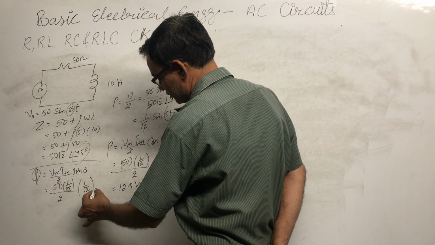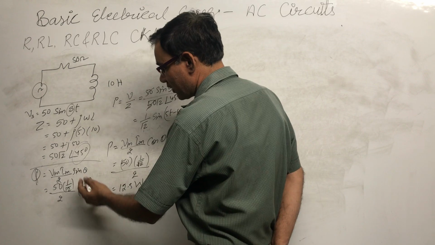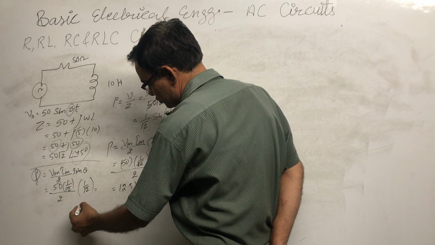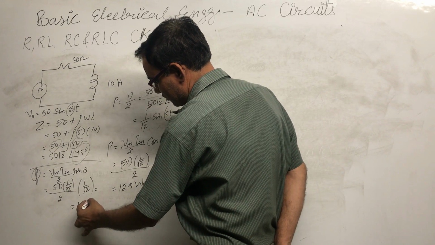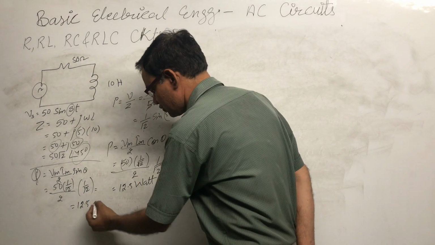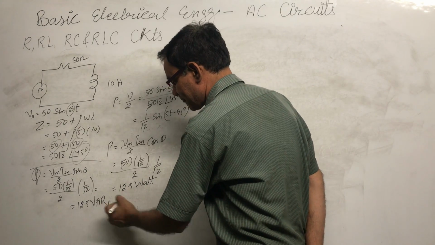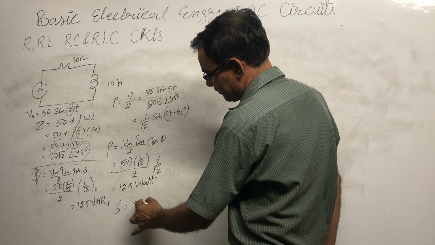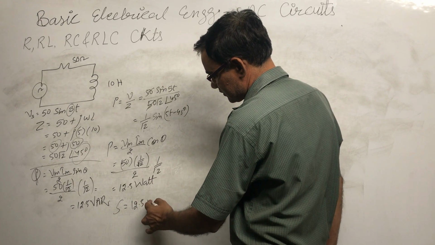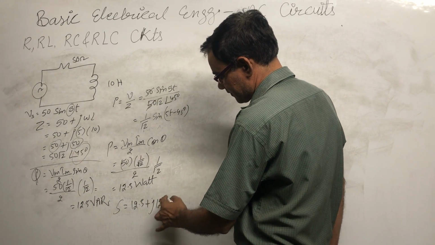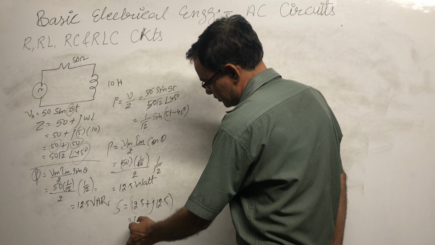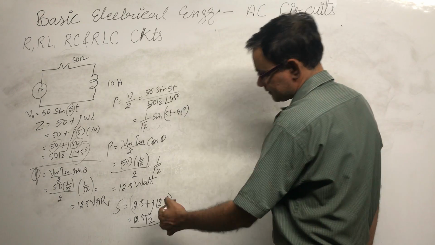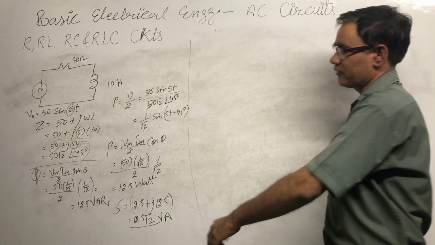Both components are equal in value, so reactive power also equals 12.5 VAR. So the total complex power S is 12.5 plus j12.5, that is 12.5 root 2 volt ampere. In this way we can find it out.